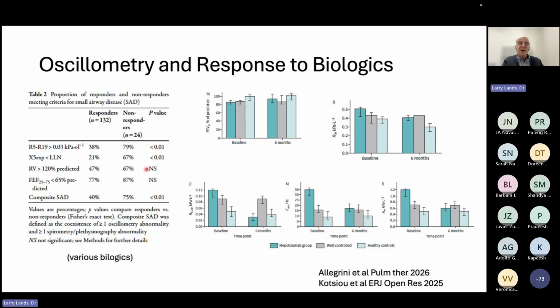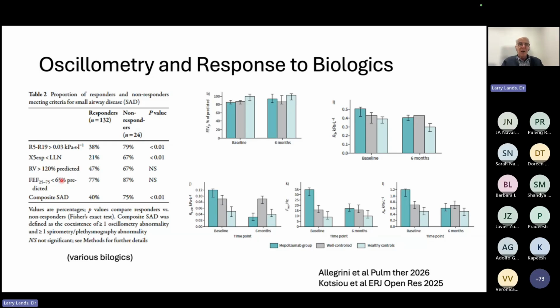Whereas if you had abnormal values, you're more likely to not be a responder. And I've heard this said before when people present on biologics, that the people who respond the best to biologics are those who already have pretty good lung function. You hear oscillometry was really quite helpful in indicative of that.